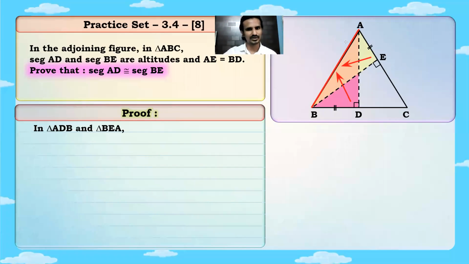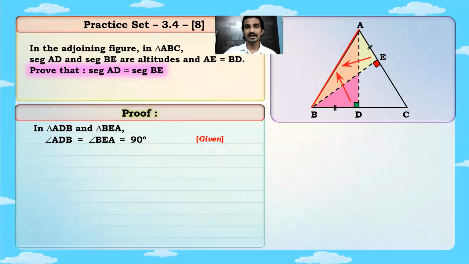And you know how to write the hypotenuse side test? First right angles, then hypotenuse, and then equal sides. So let us start with the right angles. Write down, everyone. In triangle ADB and triangle BEA, write down 90 degree. Angle ADB equal to angle BEA. The reason for both is that both are equal to 90.